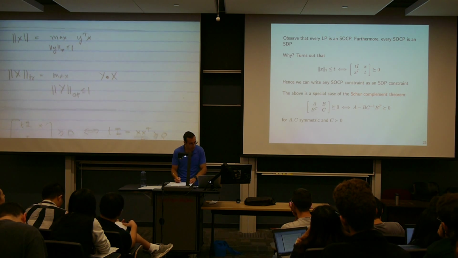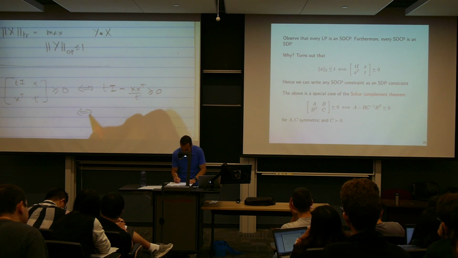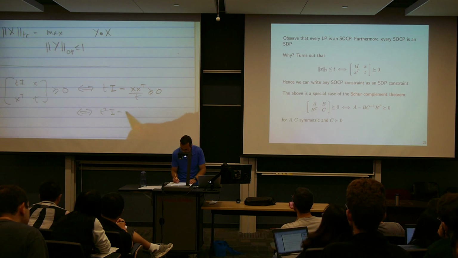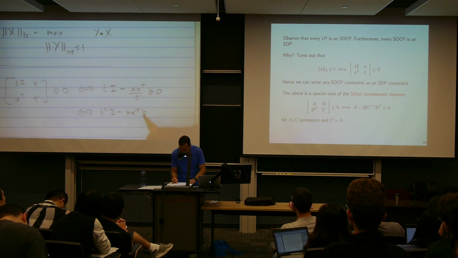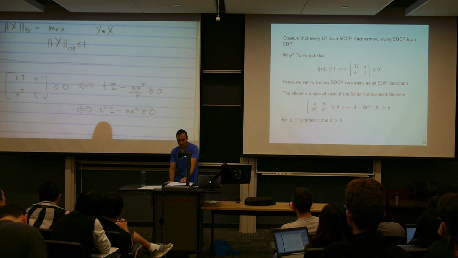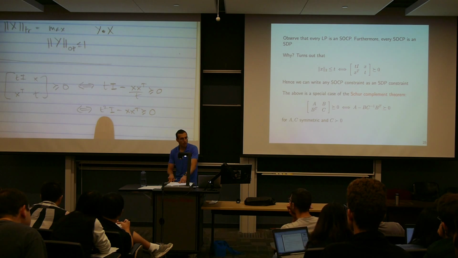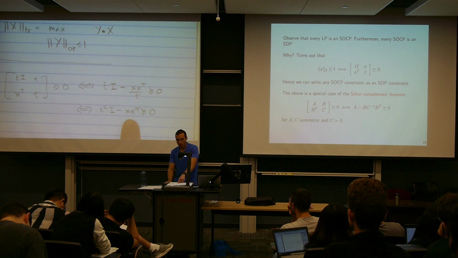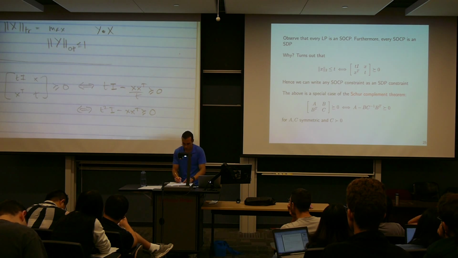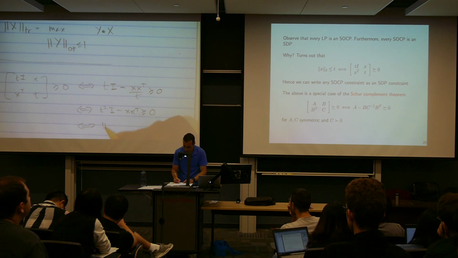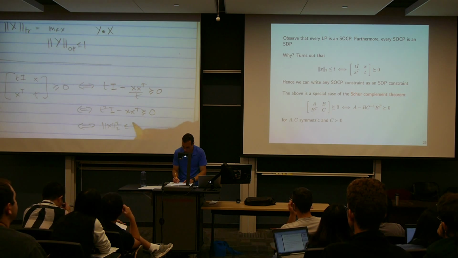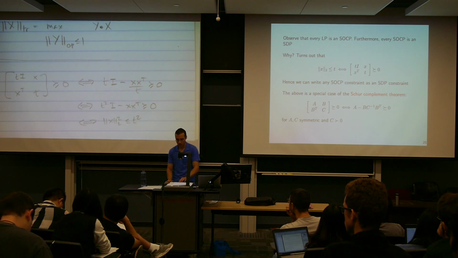I can also rewrite that as t squared I minus x x transpose being positive semi-definite. And now you can see that this exactly reduces to saying that the norm of x squared has to be less than or equal to t squared, because x x transpose is rank 1 and has only one eigenvector, which is x, and only one nonzero eigenvalue, which is the norm of x squared. So this is equivalent to saying that the norm of x is at most t.